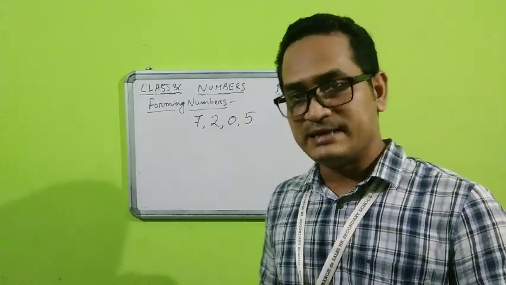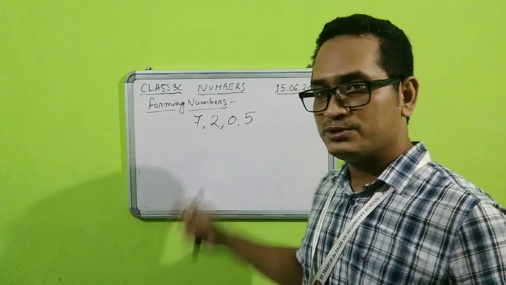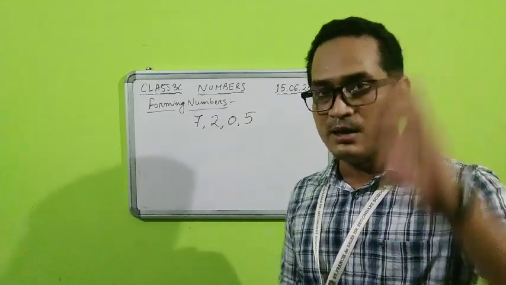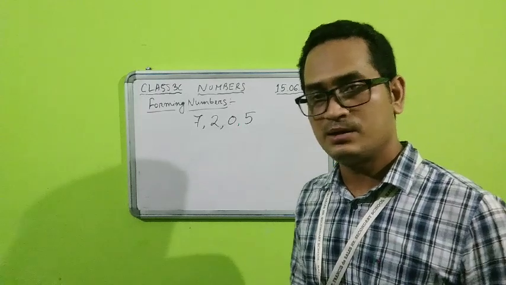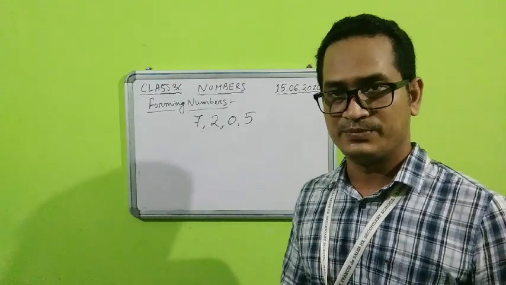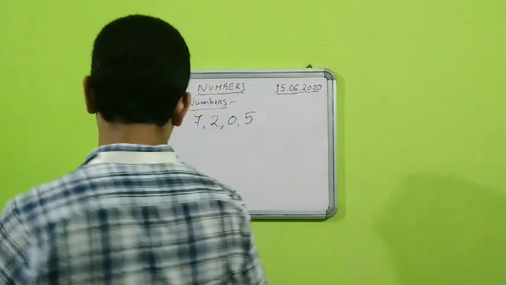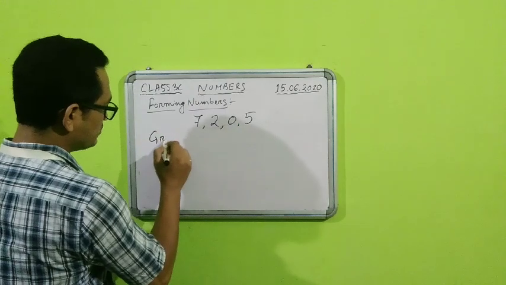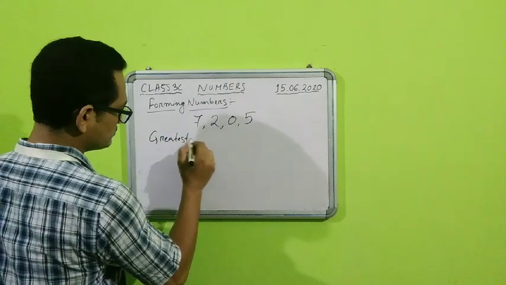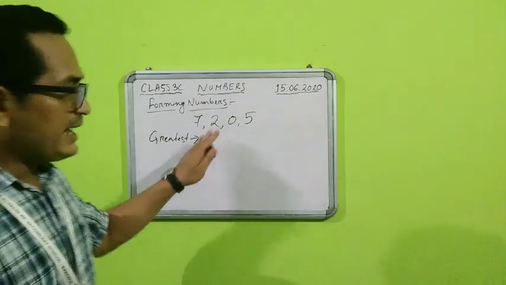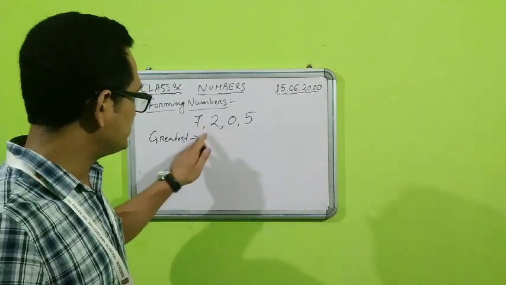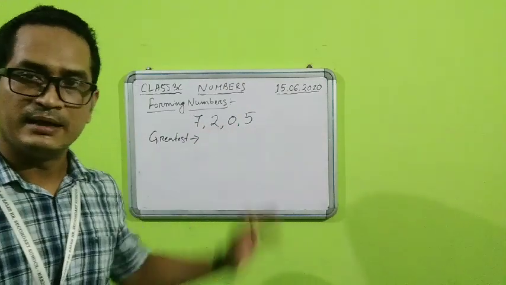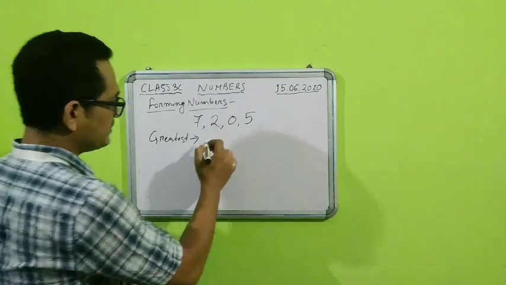Now the situation is that you can repeat any of these digits to form the greatest number and to form the smallest number. Okay, let us go for the greatest one. If I see the greatest one, I have to repeat one digit which will be the greatest one. Out of these digits, which one is the greatest? It is 7.